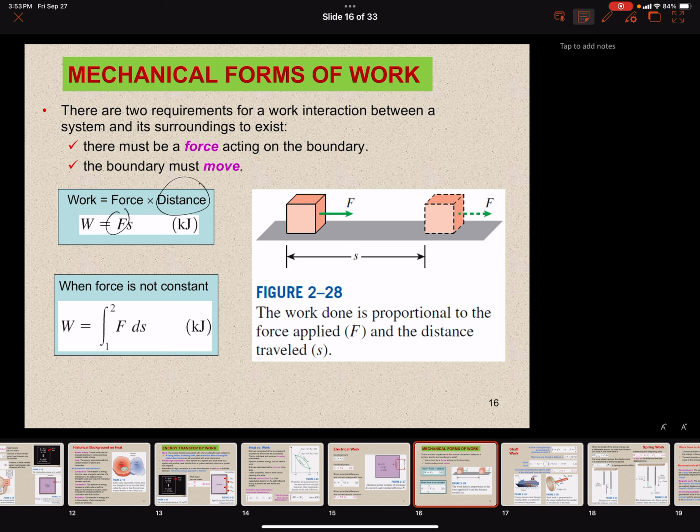When the force is not constant, we can find the integration of the force multiplied by the change of distance. The work done is proportional to the force applied and the distance traveled. So when the force is higher, we need more work. When we have a long distance, more work is required.